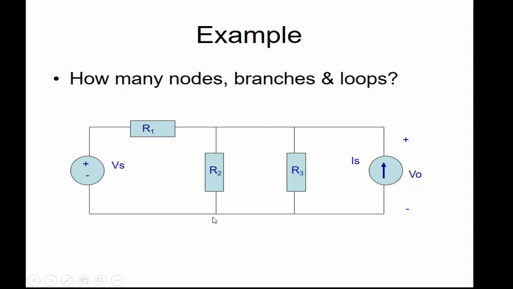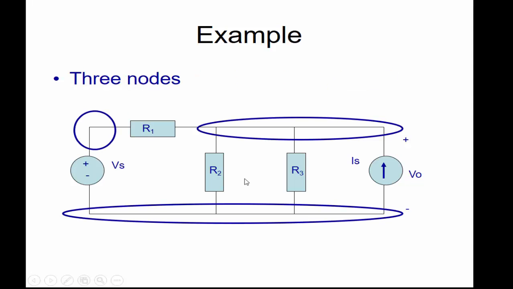So if we were to ask how many nodes are here, there is this node and there's this one node here, because there's not any circuit element between the two, and this node and that node are also treated as one node. Therefore, we can say that there are three nodes.